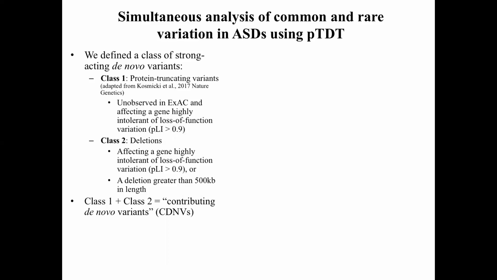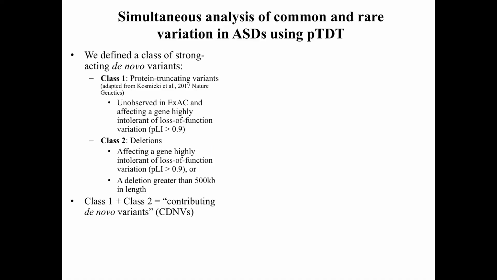The first were de novo protein truncating variants, and we filtered by those that were not observed as standing variation in the Exome Aggregation Consortium, and those that were affecting a gene highly intolerant of loss of function variation. The second class were de novo copy number deletions, and those that either affected a gene intolerant of loss of function variation or a deletion greater than 500 kb.